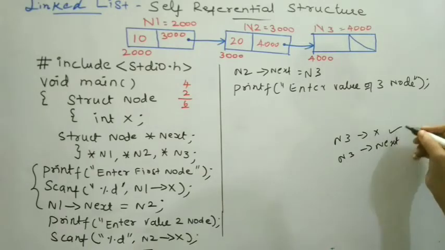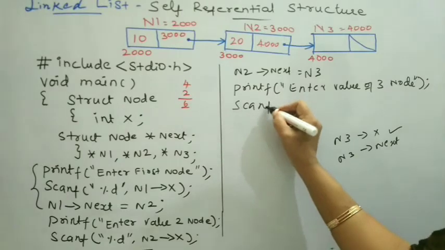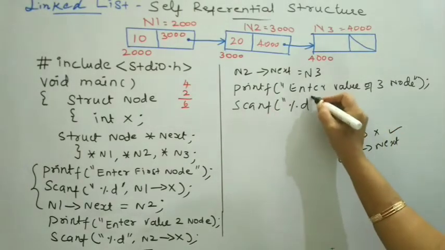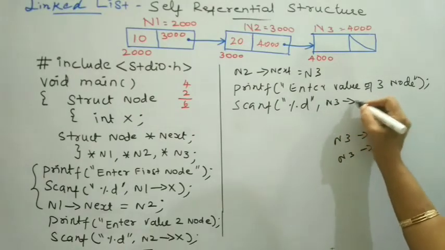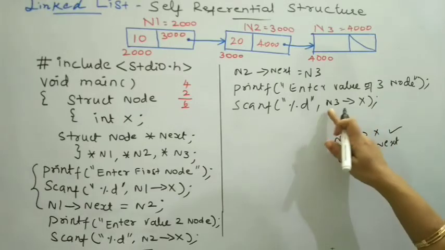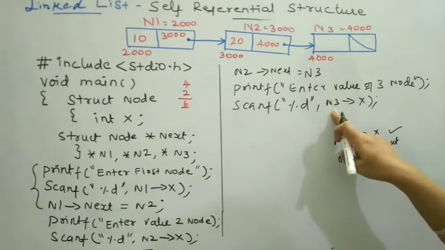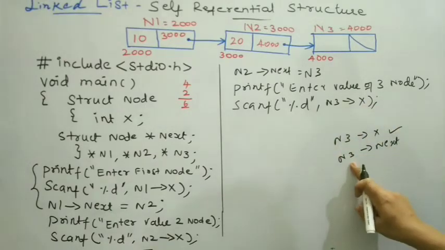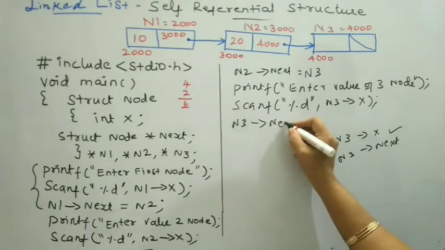I need to get the value for this data member x of n3, so I am using this scanf statement. Since the x value is an integer, I am using the control string %d, that is n3 arrowhead x. Why am I not using the ampersand operator here? Since n3 already contains a memory address. Now I need to assign a value for this data member next of n3.